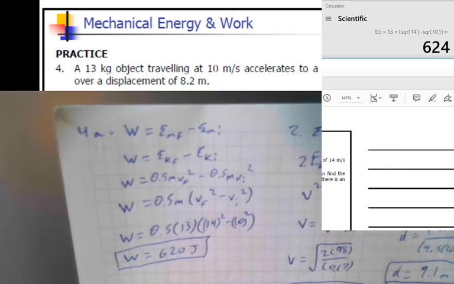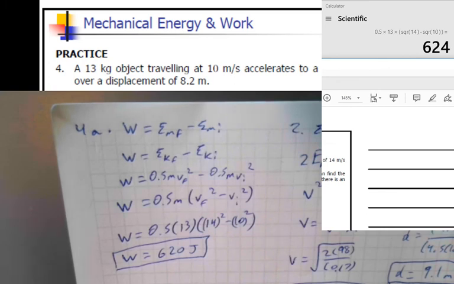Now, that is an easier way to solve this, but you could have solved this using your understanding of kinematics, right? So going back, if you were going to use kinematics, you would first find the acceleration using the VI, VF, and the delta D. Then you would use Newton's second law, which is F equals ma, to find the F. So you would take that 13 mass and multiply it by your A. And then you would multiply your displacement times your force.